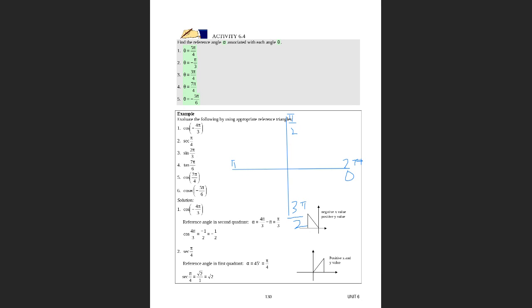Now, if you are not sure, as I always say, we multiply by 180 over pi. We are on page 130, unit 6. We are looking at the examples there.